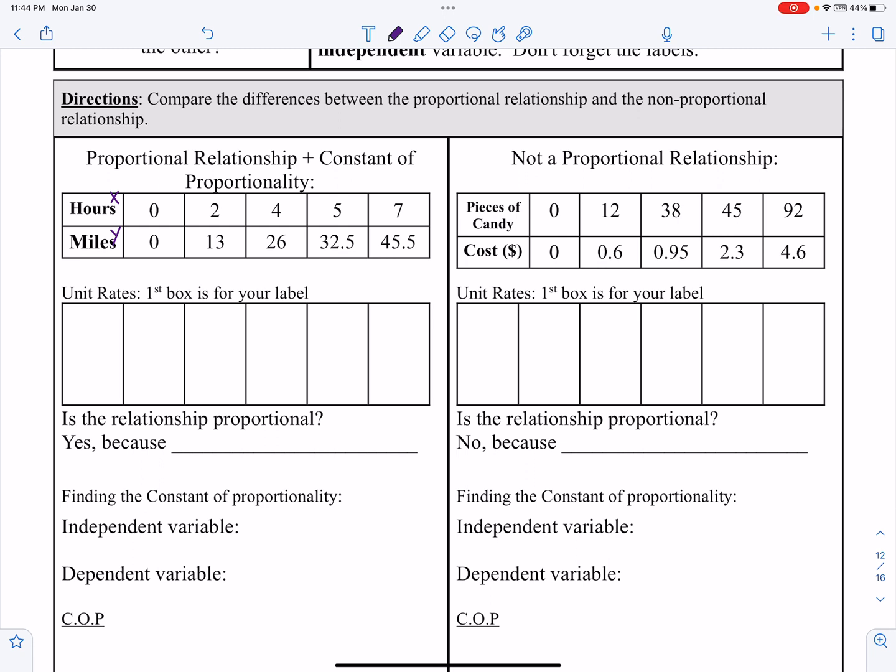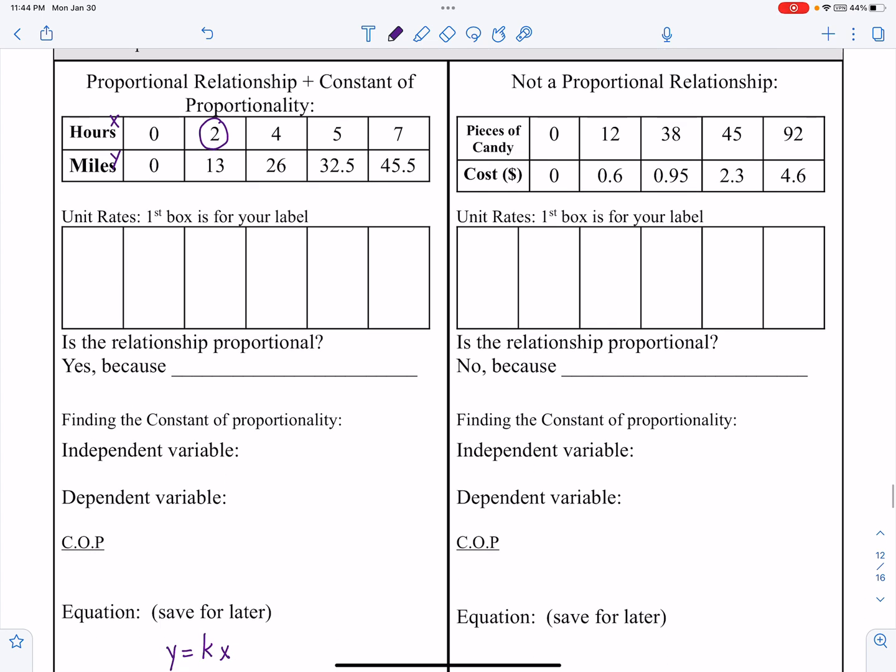So we're just looking at like the number 2, for example, and asking, well, 2 times what gets me 13? And so you know that you could do 13 divided by 2 to find that multiplier, or another word for it now is constant of proportionality. Notice that also does what we've been talking about, which is 13 divided by 2, which is y over x, like we've been talking about is the formula for finding constant of proportionality. So it's nothing really different than you've been doing, it's just some different language.